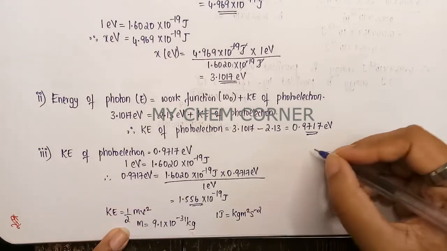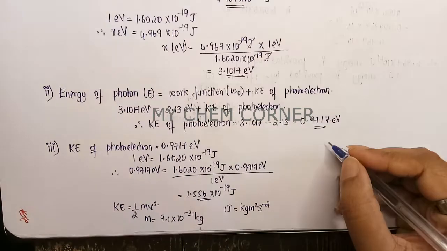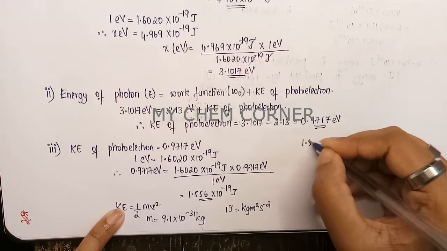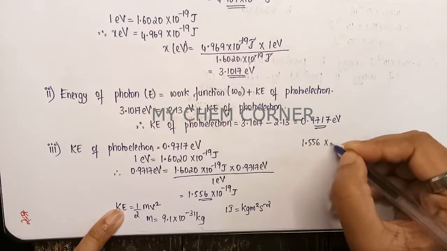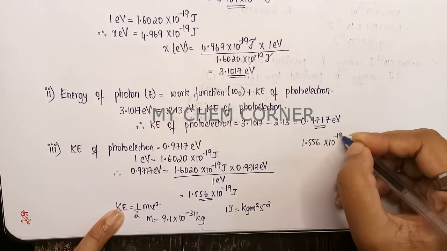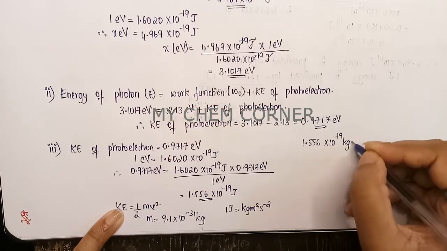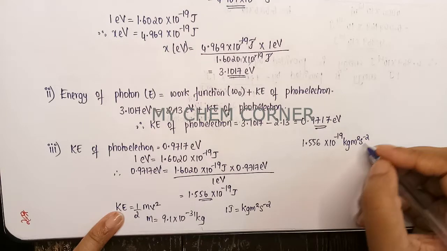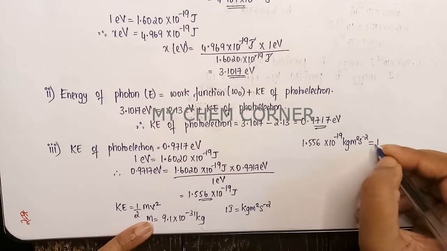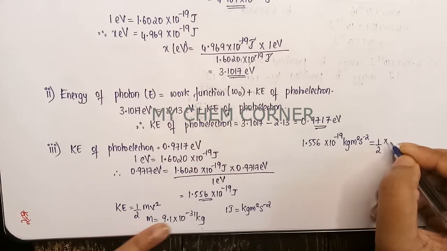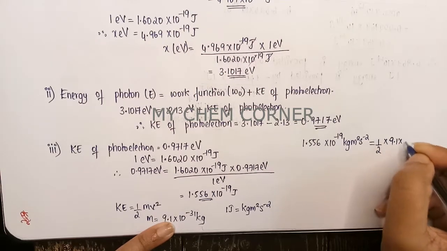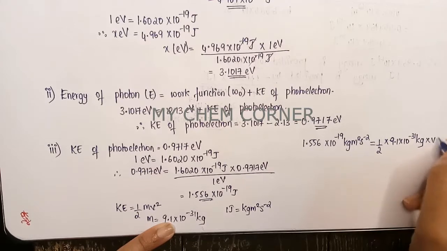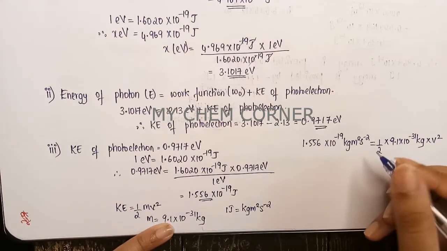So the kinetic energy is 1.556 into 10 to the power minus 19 kg meter square seconds minus 2. That is the kinetic energy in terms of kg. This is equal to 1 by 2 into mass of electron, 9.1 into 10 to the power minus 31 kg, into v square. Now v is what we have to find out.